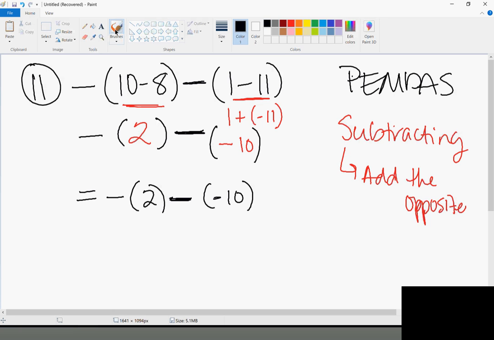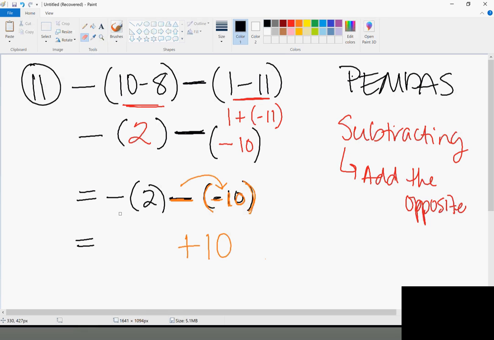So at this point, we have subtraction here, and then we have minus times negative 10. So a negative times a negative is a positive. So minus negative 10 is going to be plus 10.